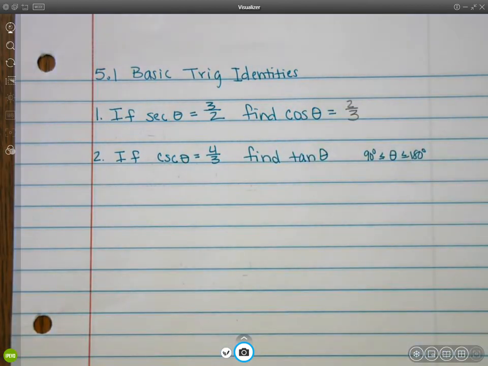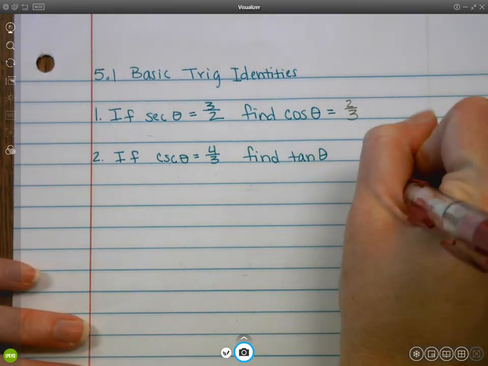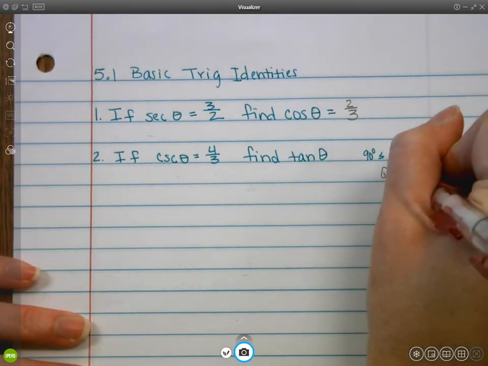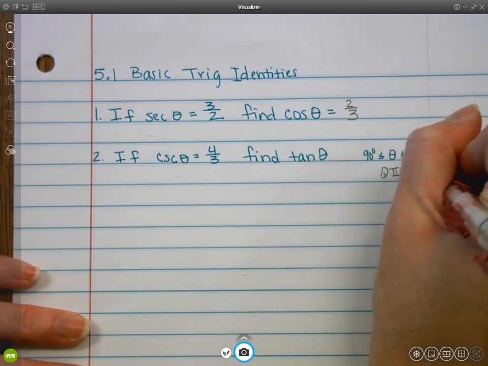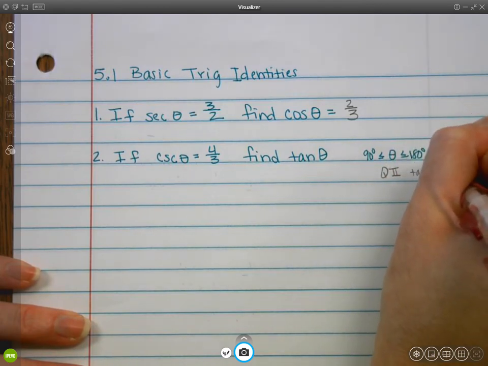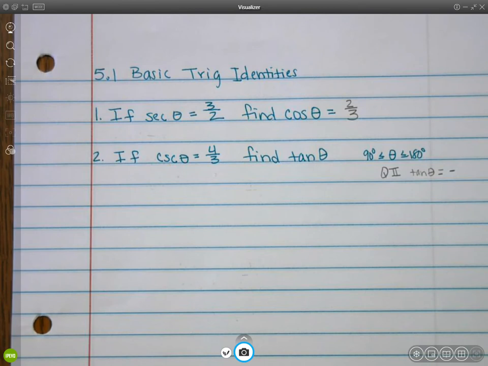The reason I'm telling you where to look is because different things have different signs in different quadrants. So if we're thinking between 90 and 180, we're in quadrant 2. And we know that tangent in quadrant 2 is negative.